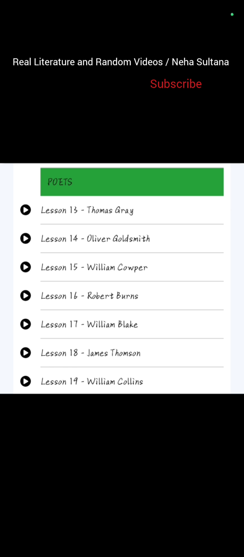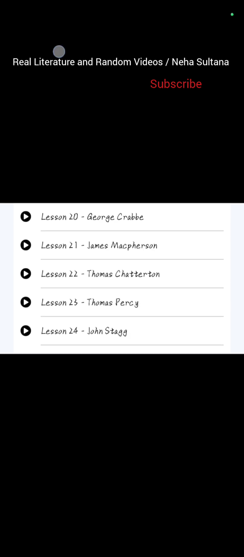There is another section about poets. The first one is Thomas Gray, Oliver Goldsmith, William Cowper, Robert Burns, William Blake, James Thomson, William Collins, George Crabbe, James Macpherson, Thomas Chatterton, Thomas Percy, and John Skelton.